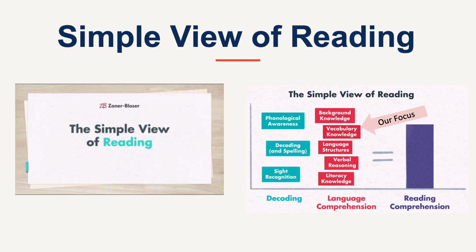As you can see from the breakdown on the screen, a student might be excellent at sounding out letters, recognizing sight words, and blending sounds, which is the decoding column.